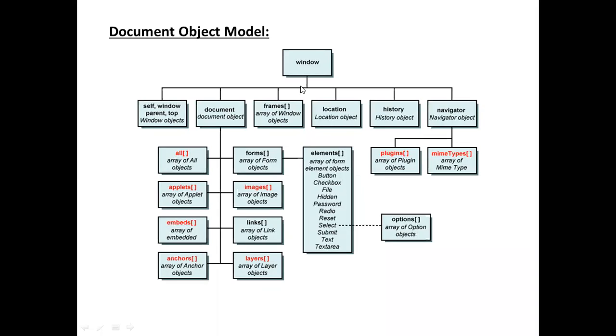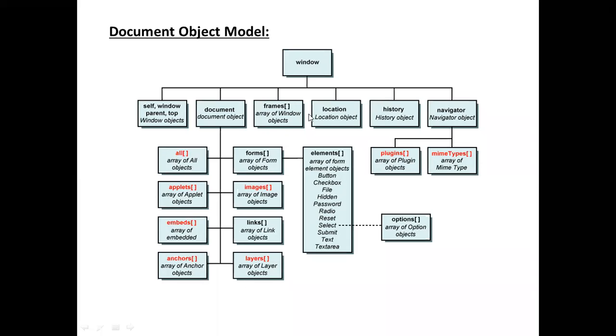Remaining in the browser window, there are frames, location, history, navigator. All these are the objects in the browser window. Next, in the HTML document, there are forms, images, links, layers, anchors, tags, applets, and arrays of all these objects.